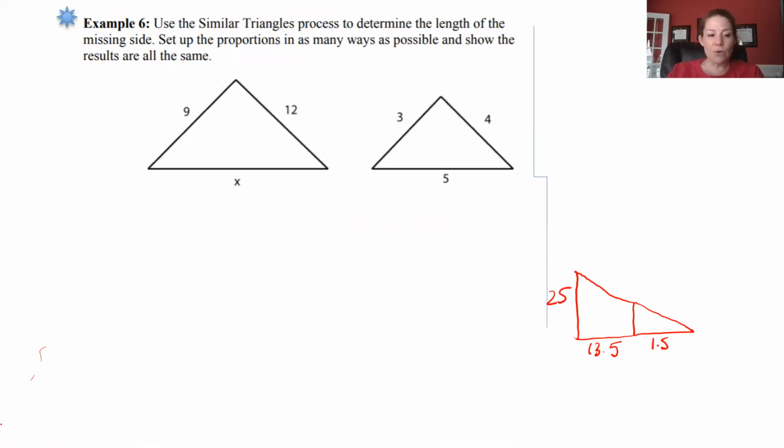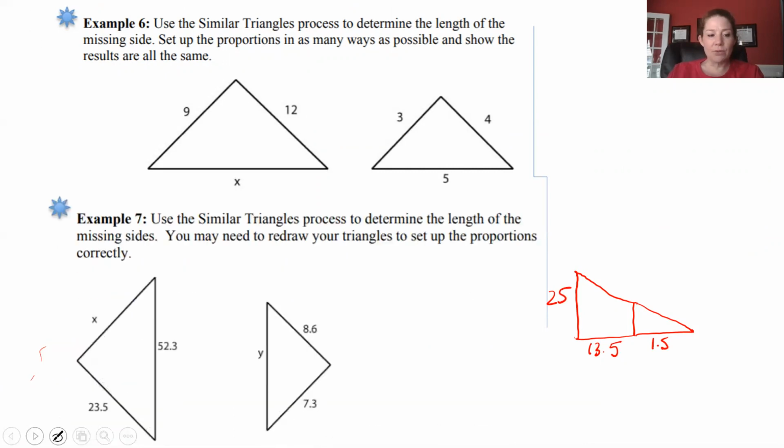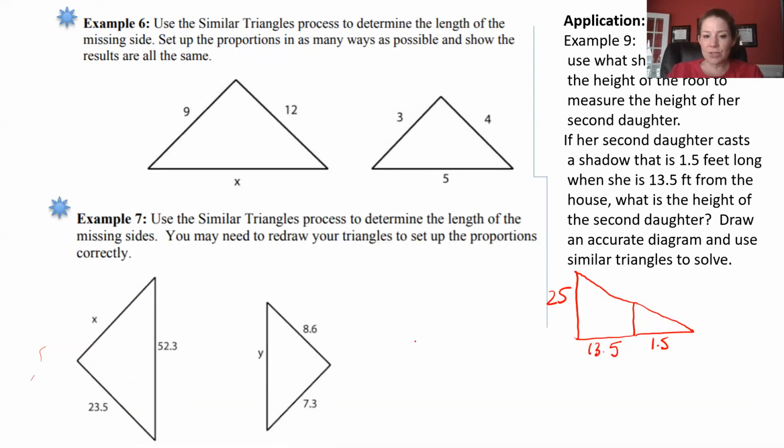All right, so let me draw two triangles. The first triangle has a shadow that is 13.5 plus 1.5, which is 15. And then the daughter, we don't know how tall she is, but we know her little shadow is only 1.5 feet long.